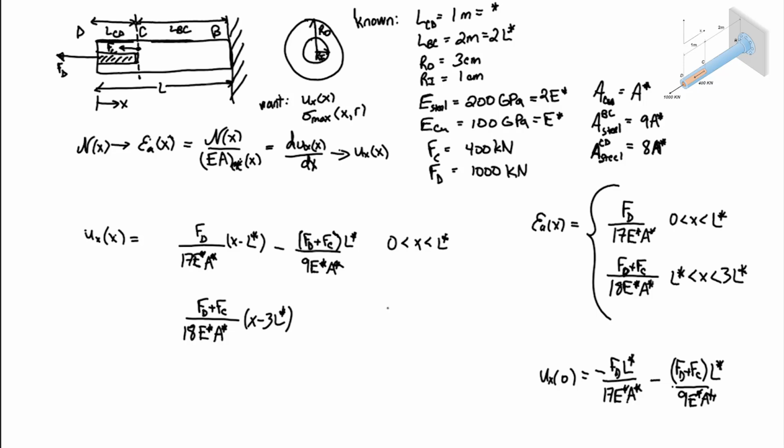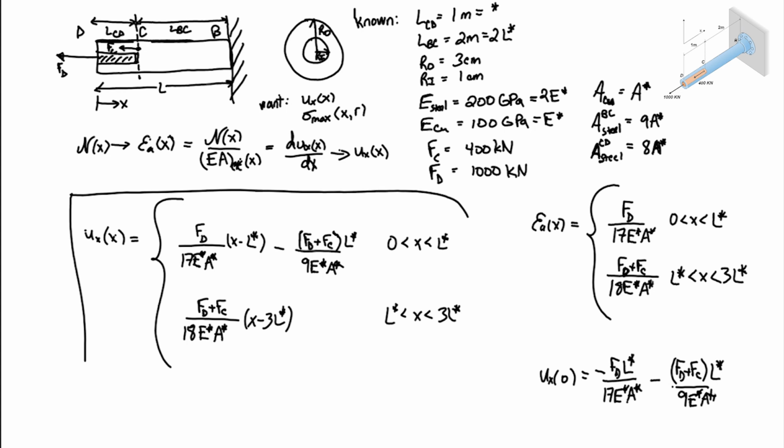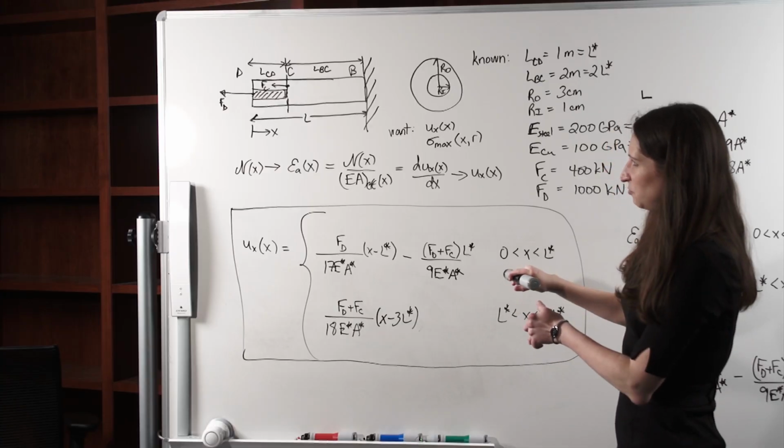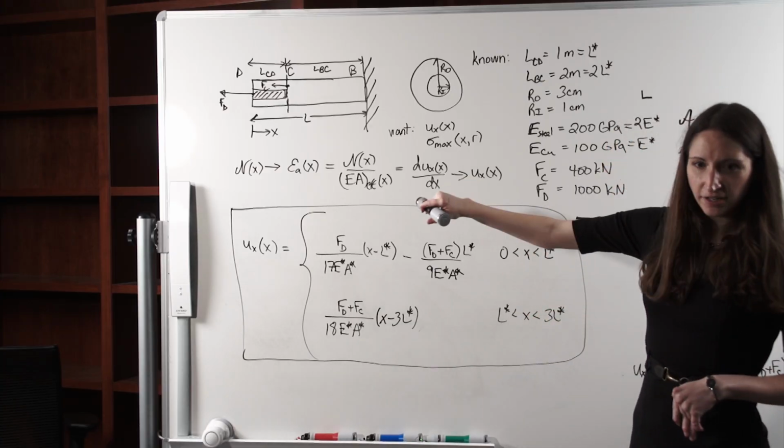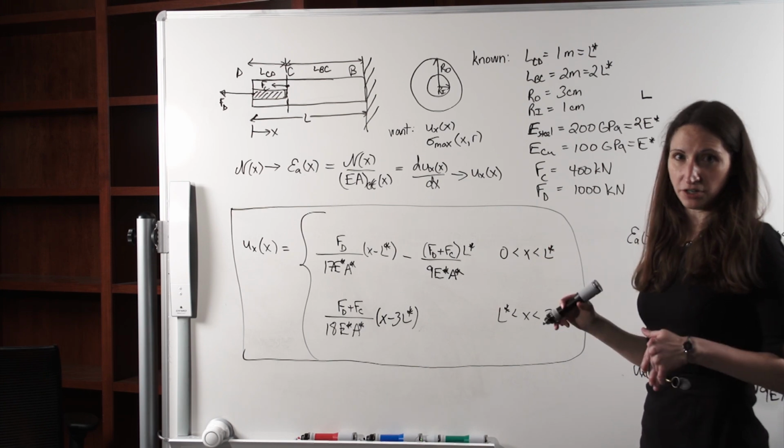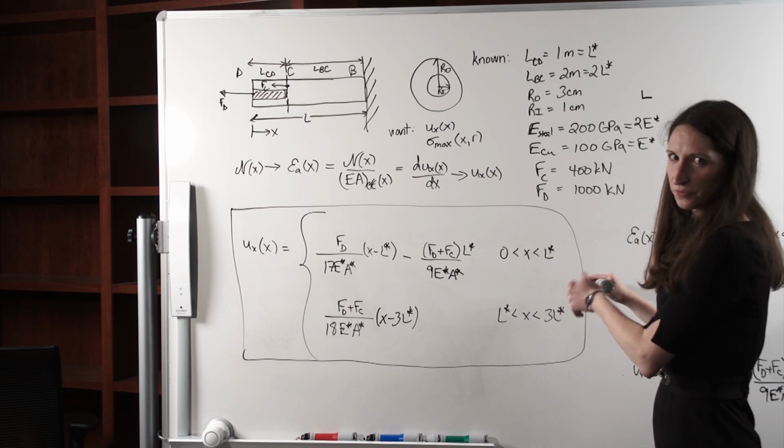And so this is for L star less than x less than 3L star. Okay, so now we've finally answered part 1 of that question. But don't despair, part 2 is a lot simpler, okay? So we have our displacement field, but let's just go back to the strain, and from the strain we can compute the stress. So let's erase all this first.